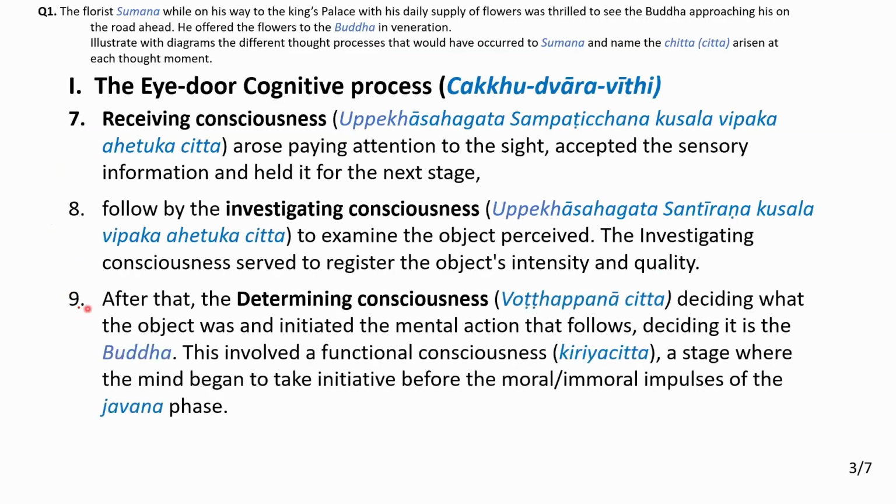After that, determining consciousness, votthapana citta, decided what the object was and initiated the mental action that follows, deciding it is the Buddha. This involved functional consciousness, kriya citta, a stage where the mind began to take initiative before the moral or immoral impulses of the javana phase.